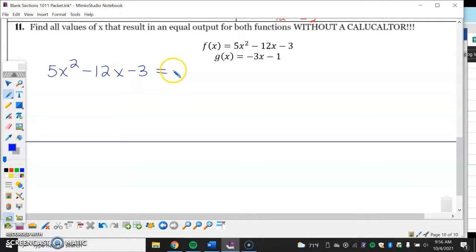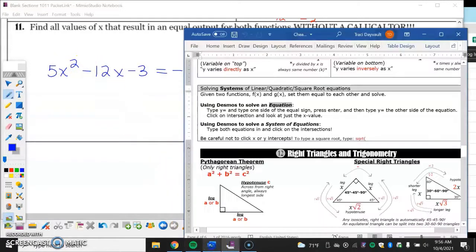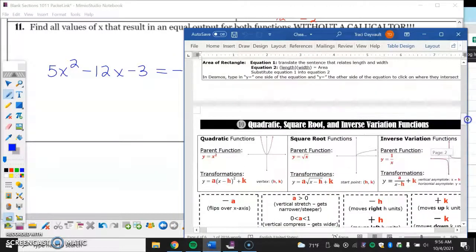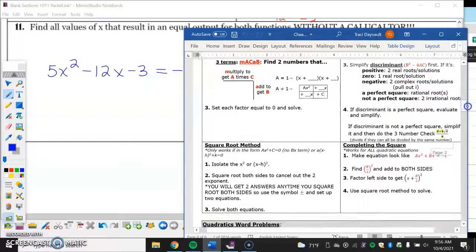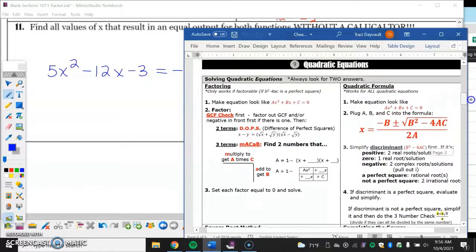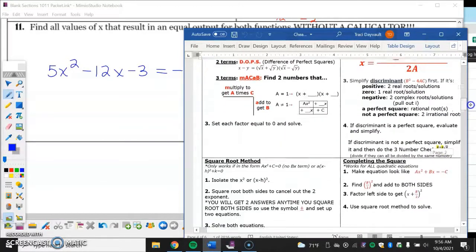I'm setting equal to negative 3x minus 1. You should notice that this is a 2 exponent. That means we have got our friends the quadratic equations, and we learned many ways for solving quadratic equations.